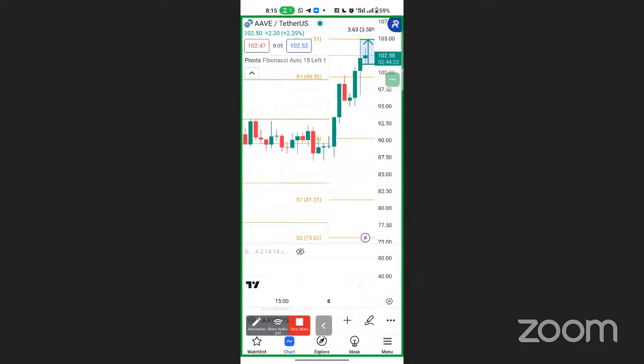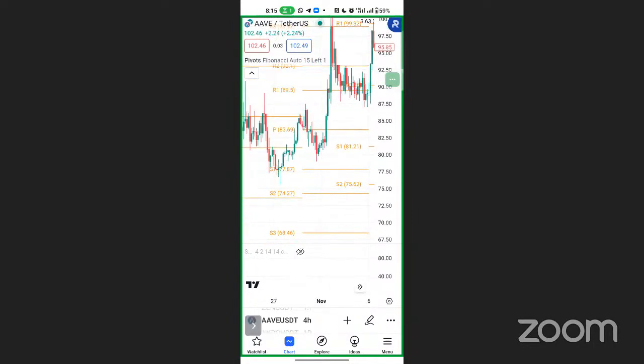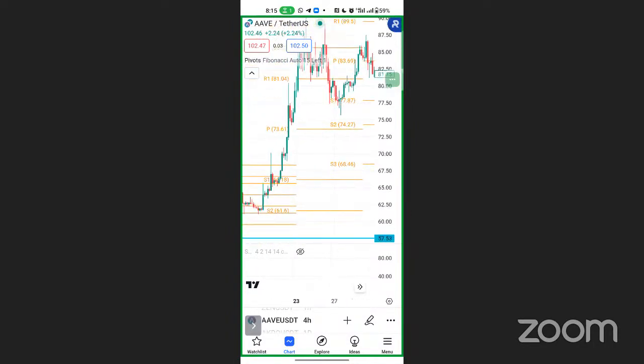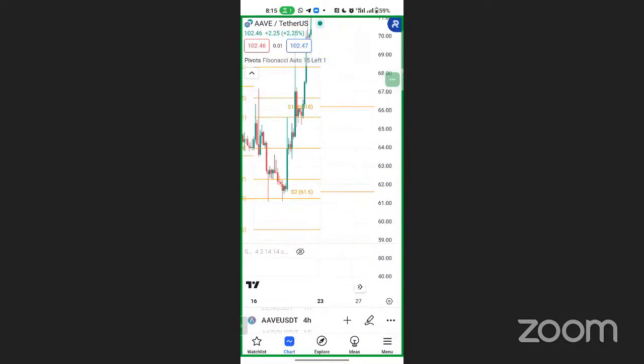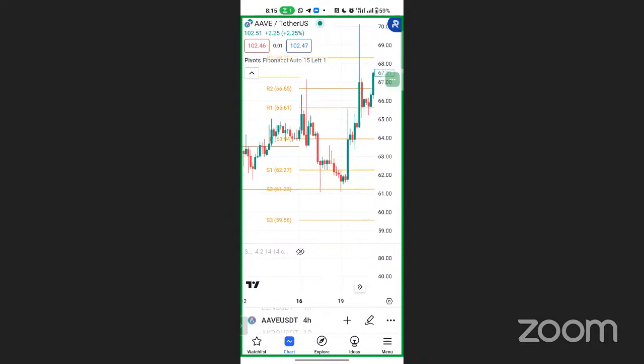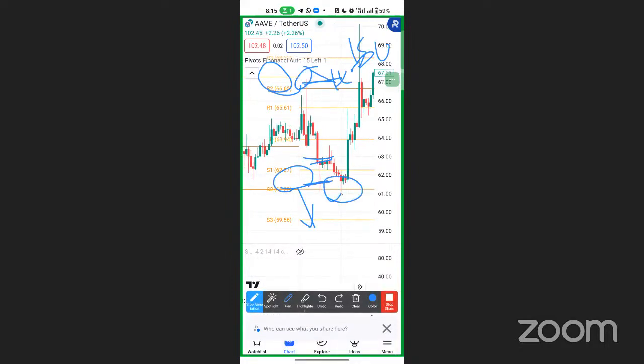And once it is below support 2, can we see it here, ladies and gentlemen? Once it has touched support 2, also expect a reversal. Understand that this coin has been oversold.